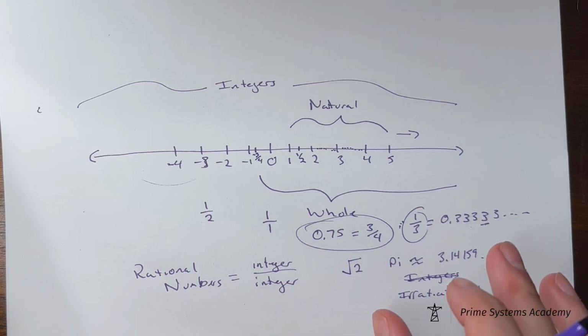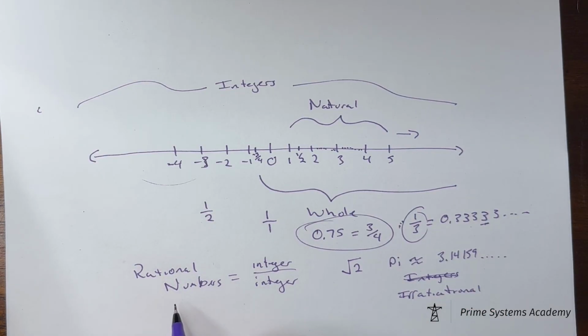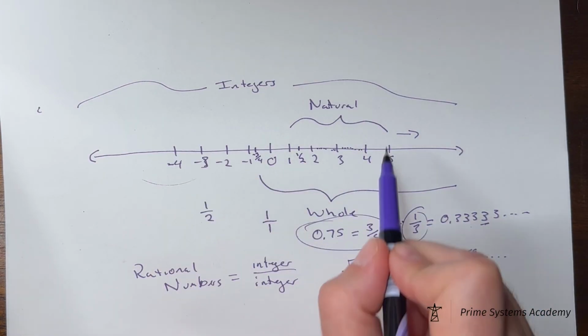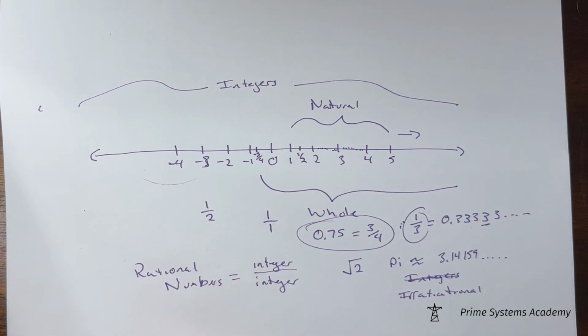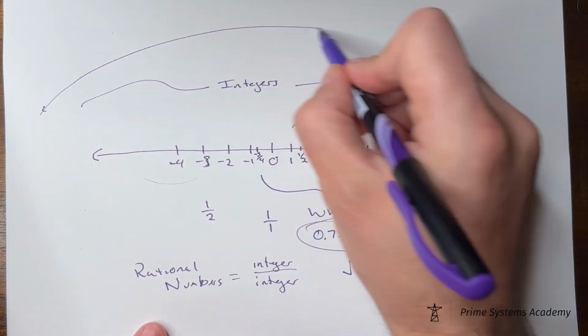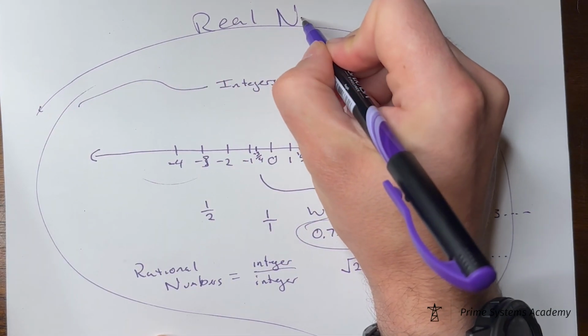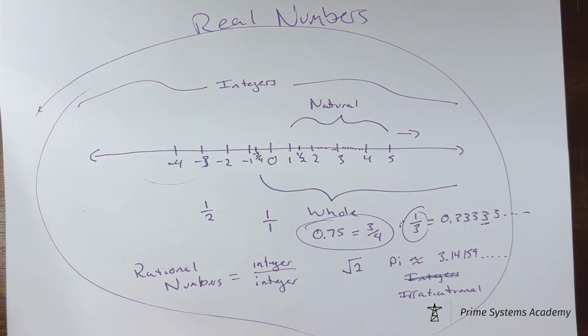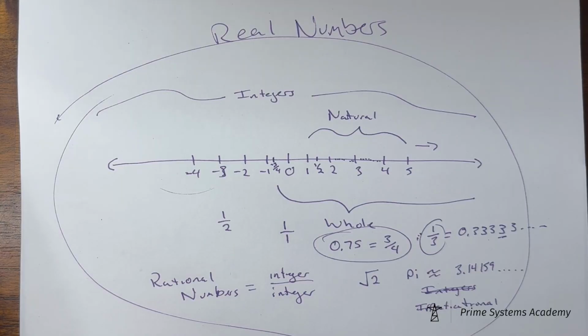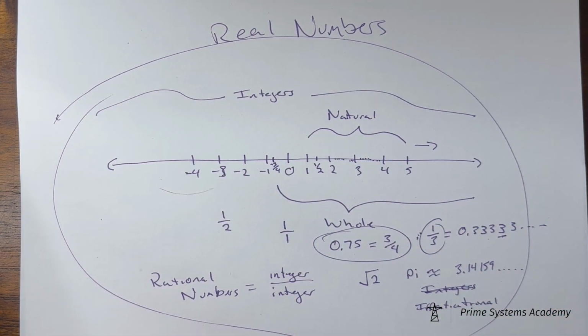And together, your irrational and your rational numbers, remember your rational numbers include your natural, whole, and integers, are all going to be part of what we call real numbers. Later we'll talk about imaginary numbers, which are going to be slightly different than real numbers. But imaginary numbers are not going to fit into any of these categories.